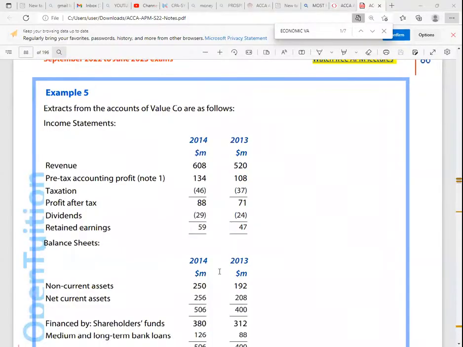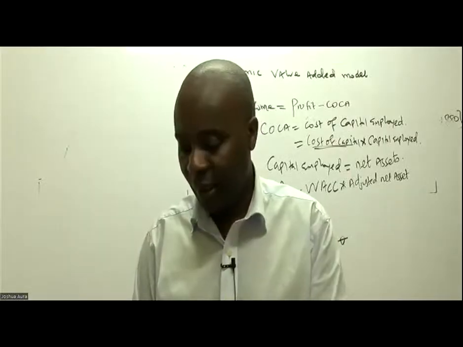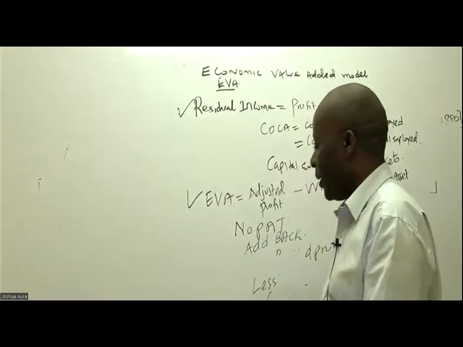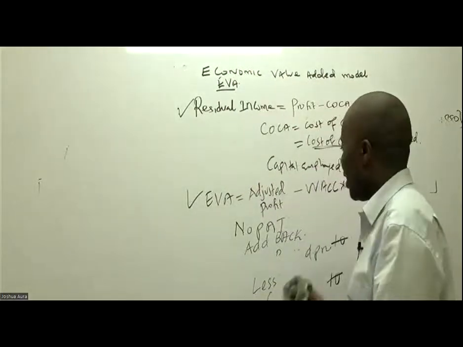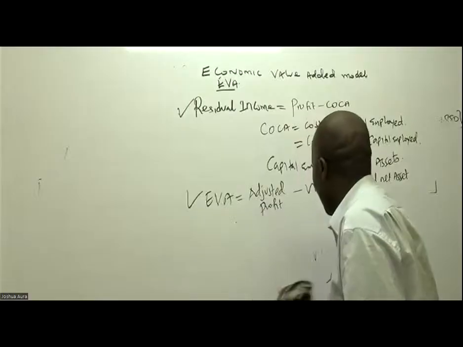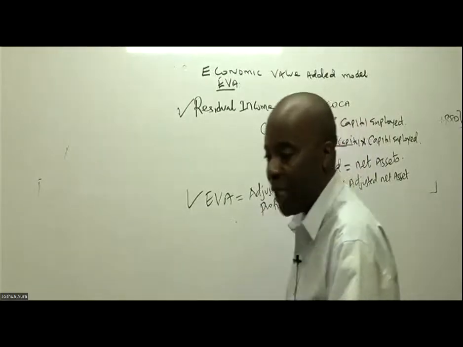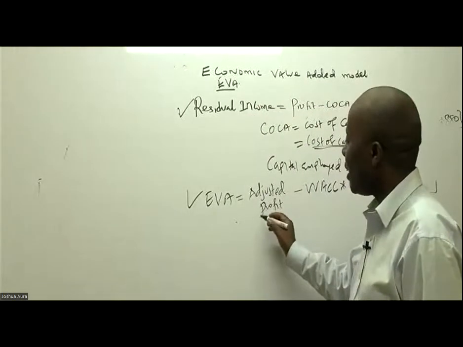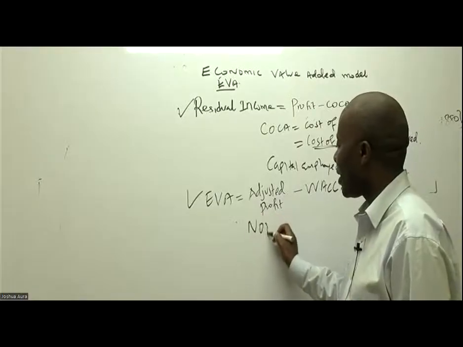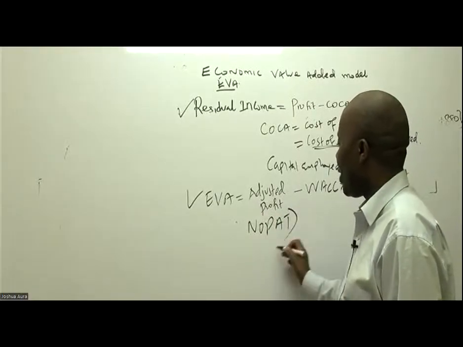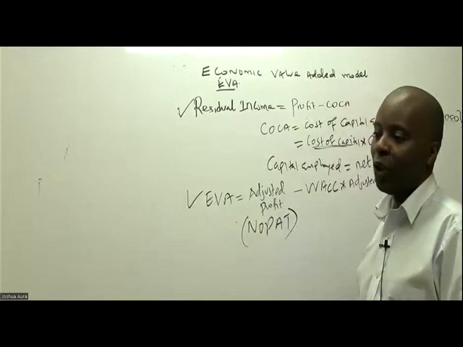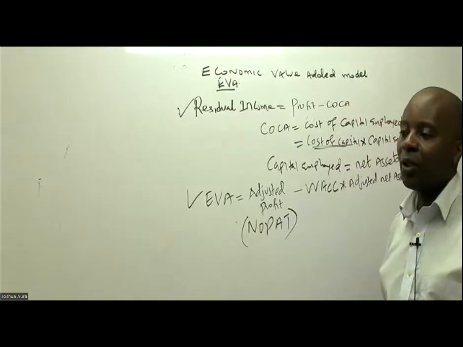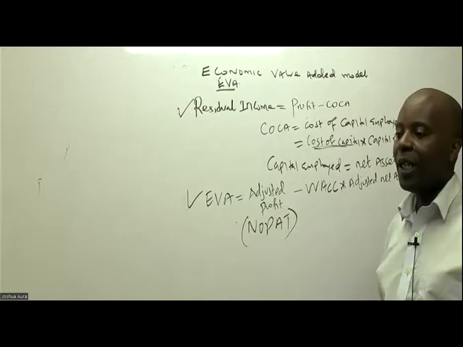And as I do that, I expect you to remember that our key figure here is adjusted profit. And this adjusted profit is what we call the NOPAT, net operating profit after tax.